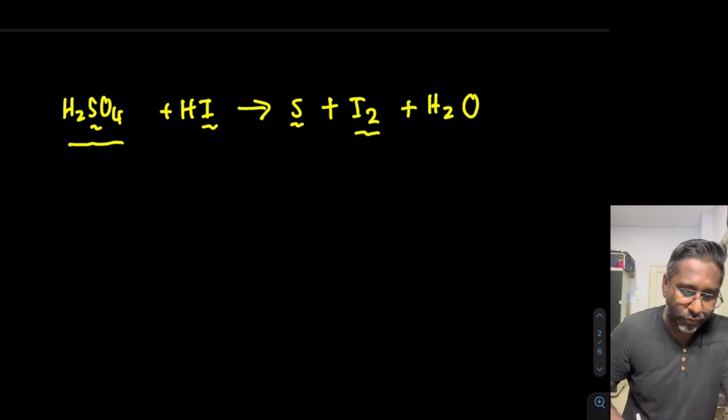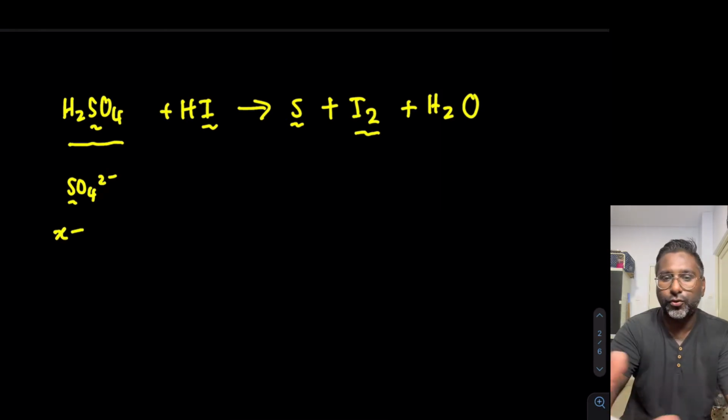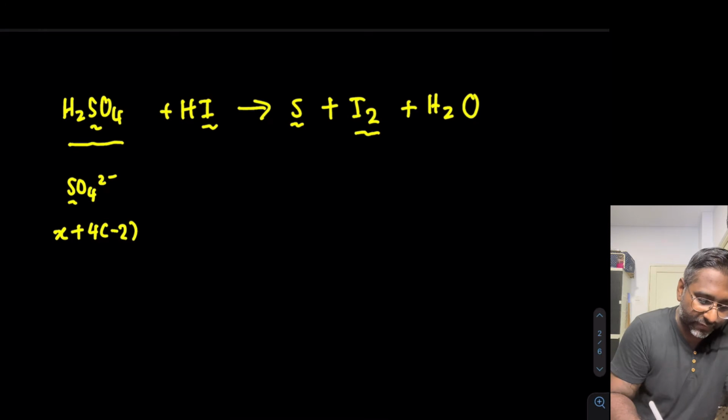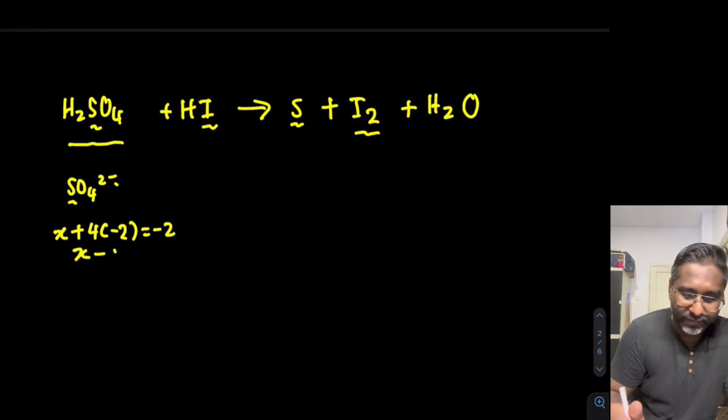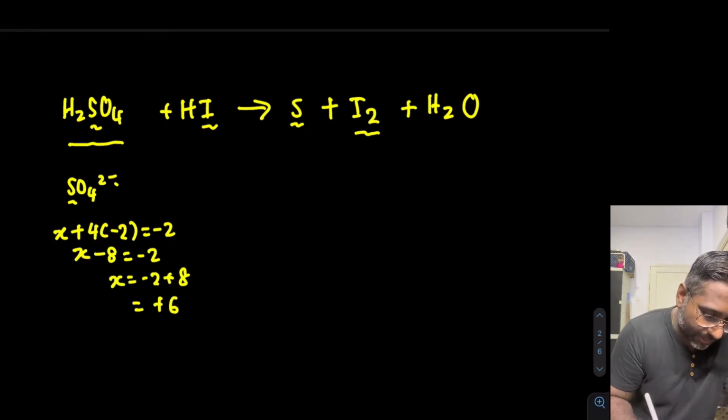Now we calculate the oxidation number. It depends on how you want to calculate. I normally separate them into SO4 2-. H2SO4 gives SO4 2-. So you just use this as X, plus 4 times -2, oxygen is always -2 in compounds, equals -2. Then X minus 8 equals -2, X equals -2 plus 8.